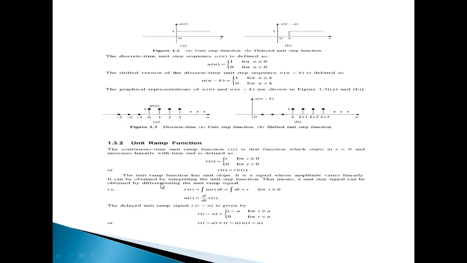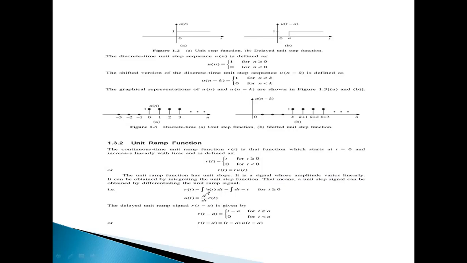Here, the unit ramp function has unit slope. It is a signal whose amplitude varies linearly. It can be obtained by integrating the unit step function. r of t is equal to the integral of u of t dt. What is u of t?